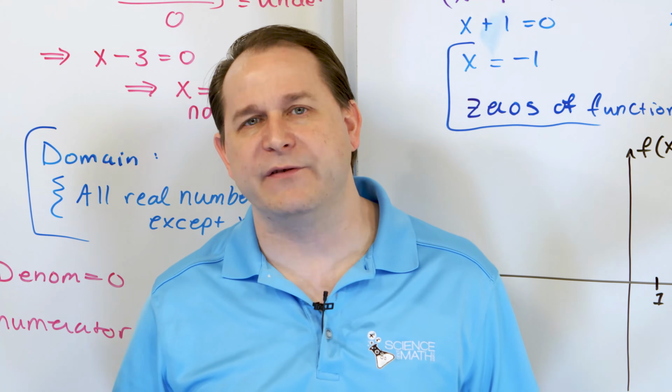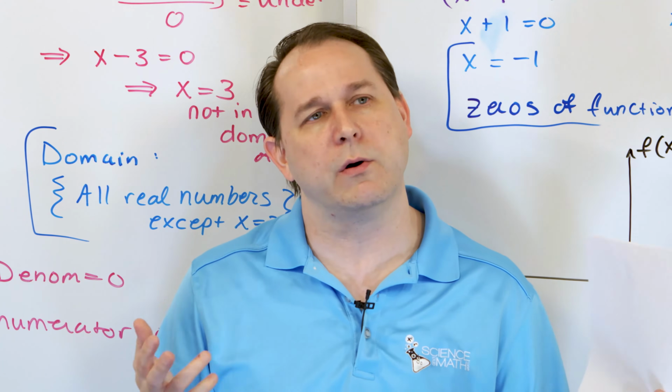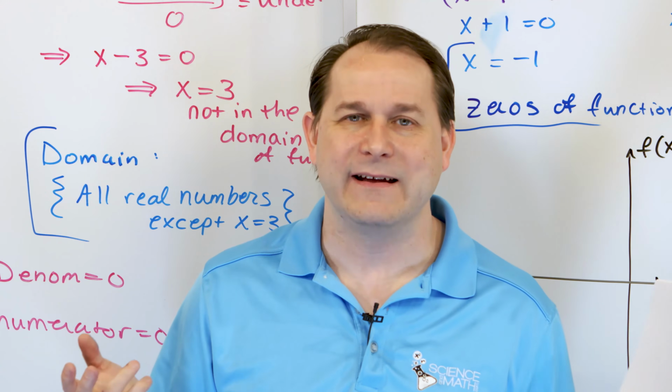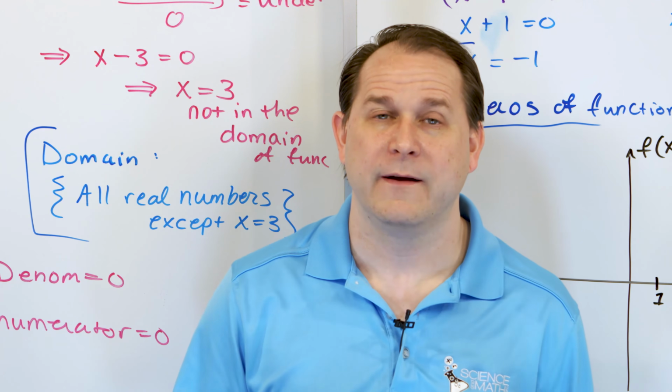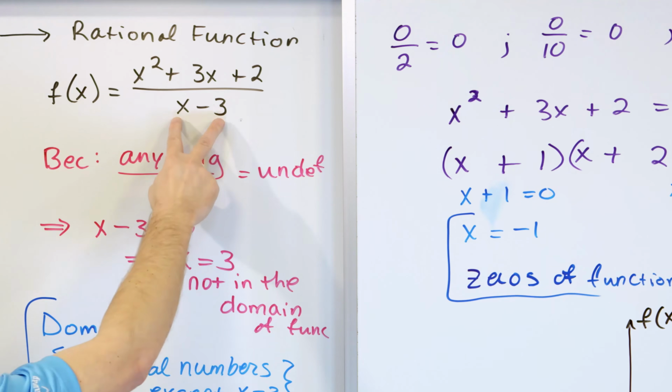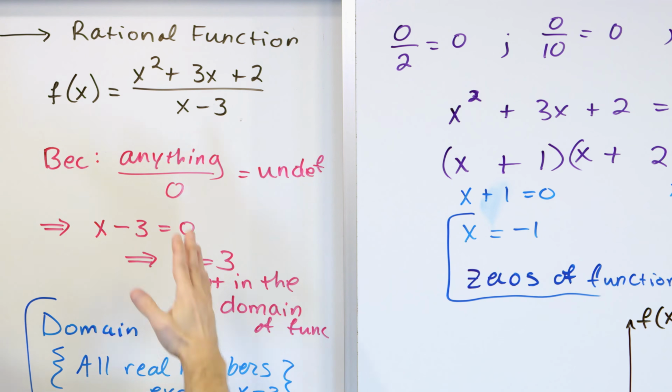If you take 5 and divide it by 0.000000007 or something like that, you're going to get a really big number because you're dividing by something small, right? So as you get very close to this value of 3, the function blows up to infinity.